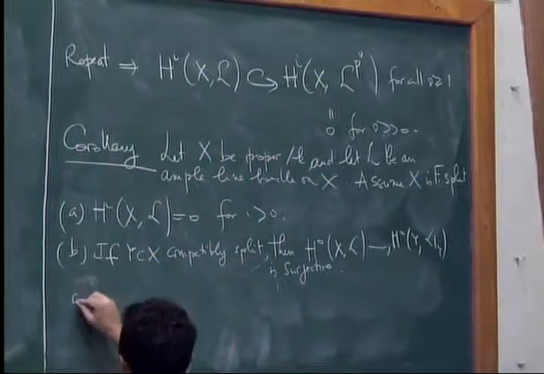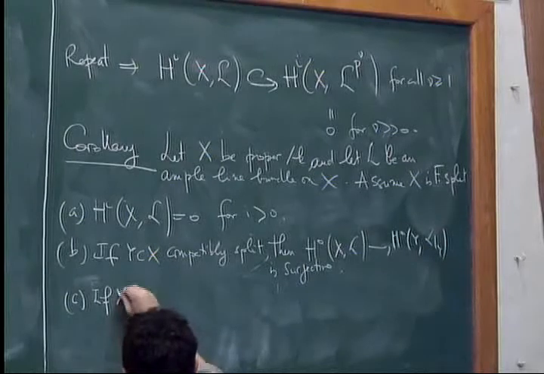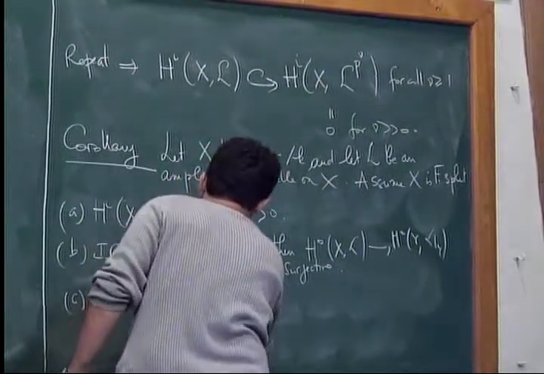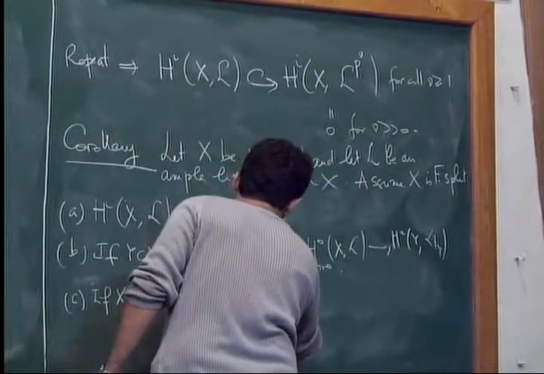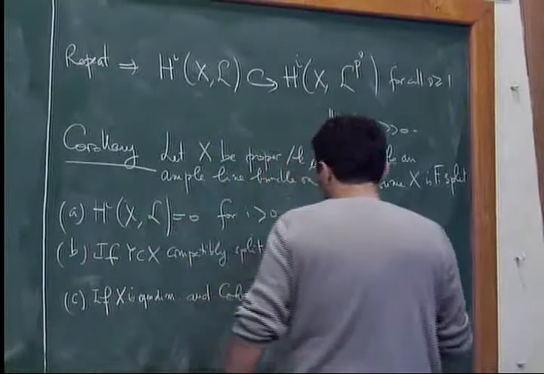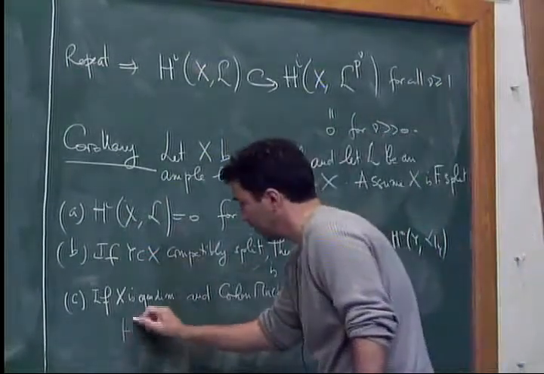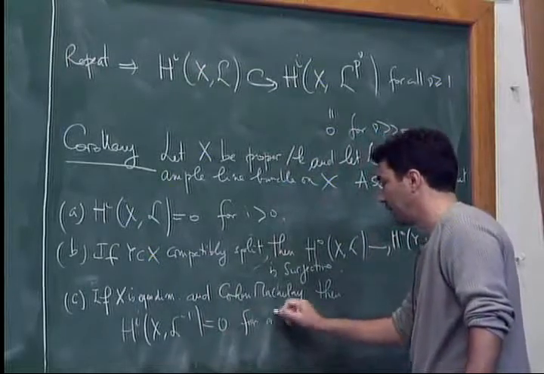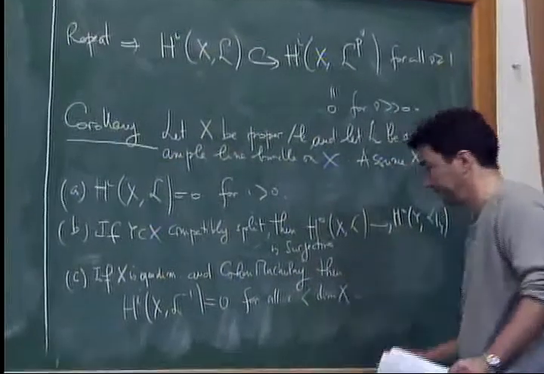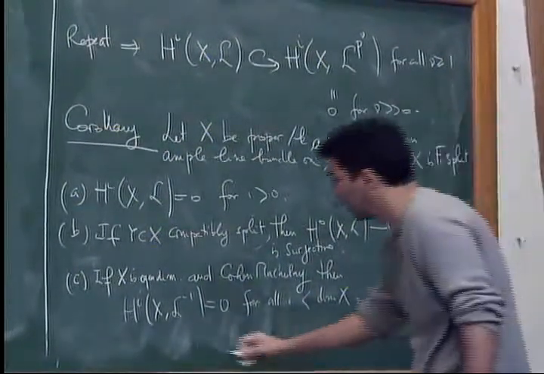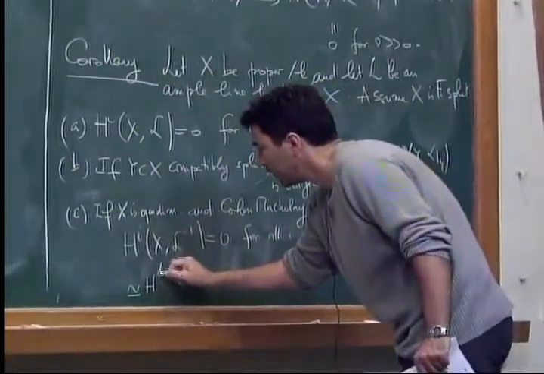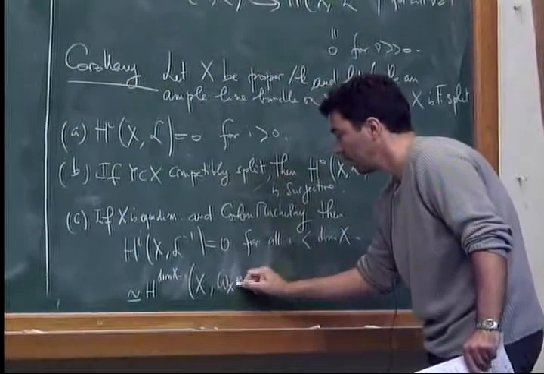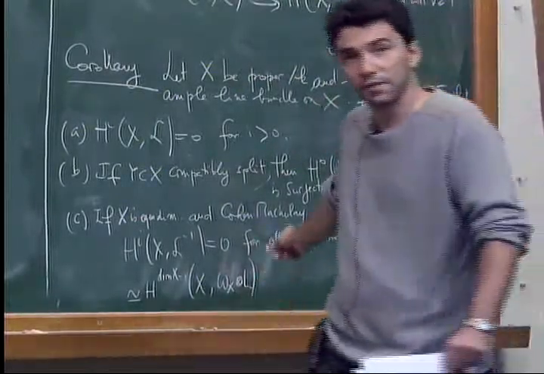And C, if X is equidimensional and Cohen-Macaulay, in particular if it is smooth, then the cohomology of the inverse of L has to be 0 as well for all I less than the dimension of X. Okay, in particular, using Serre duality, this is the cohomology of L twisted by the canonical class. So you get Kodaira vanishing for free.